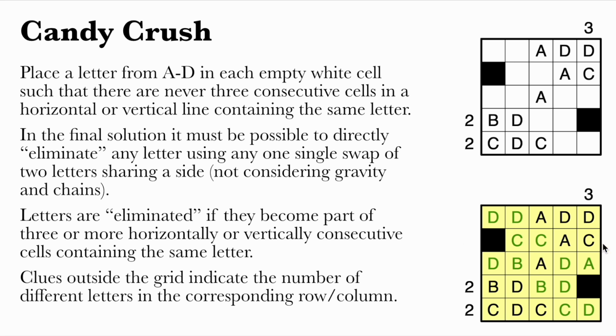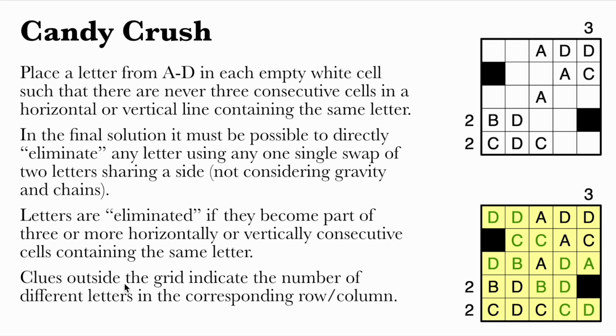There just needs to be some way to eliminate it. And this not considering gravity and chains is just for people who have played those games. They may expect some kinds of chain reactions. We're not considering any of those in this puzzle, just direct swaps, so the orientation doesn't matter, for example.